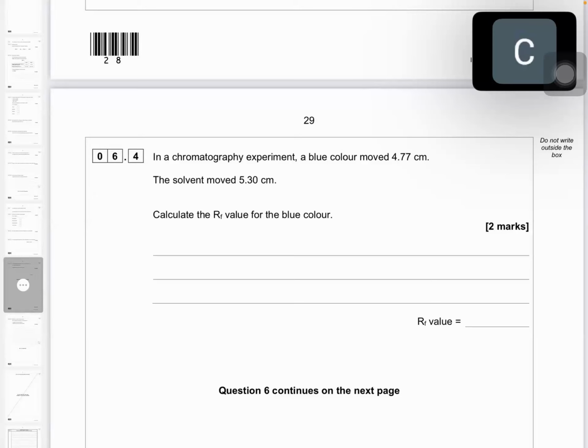What does it say with the marking scheme? Rf equals 4.77 divided by 5.30. Oh yes. Okay. All right. That's it. Okay, let's move on.